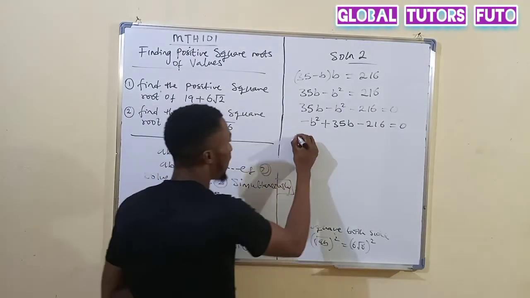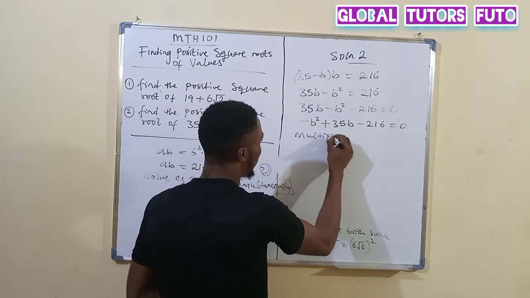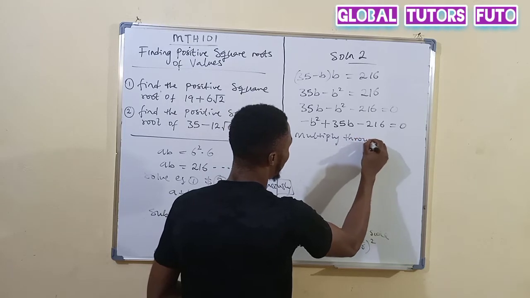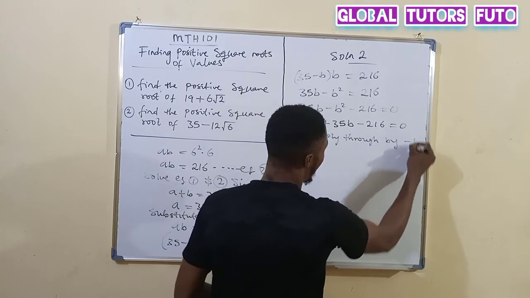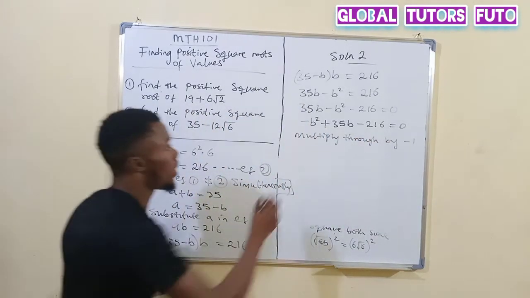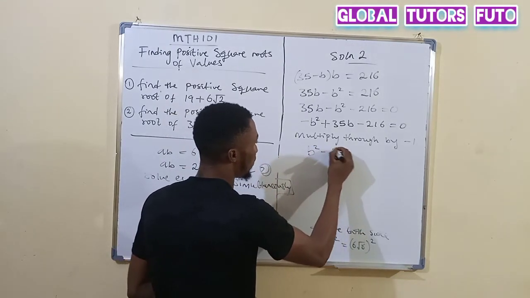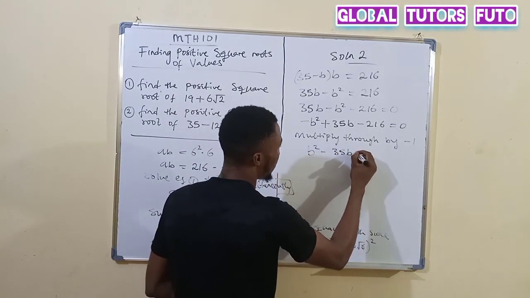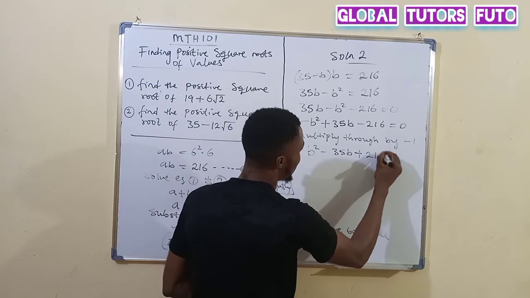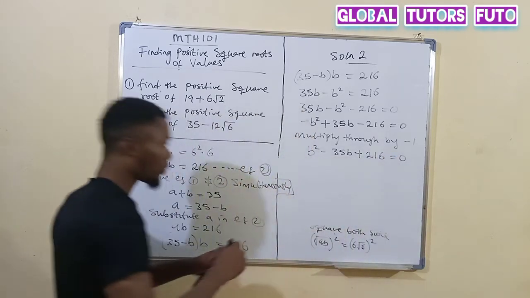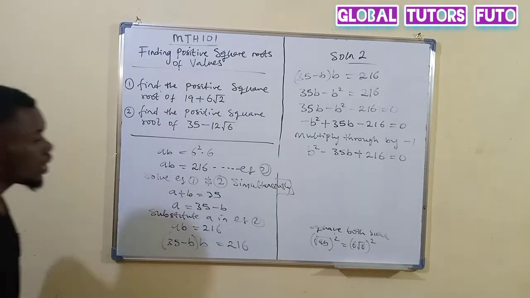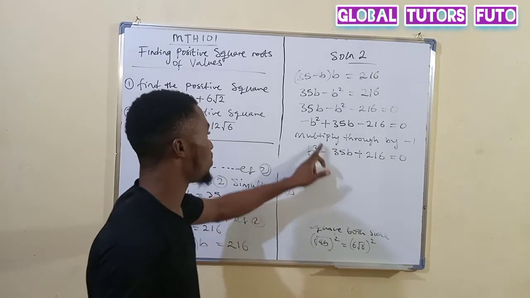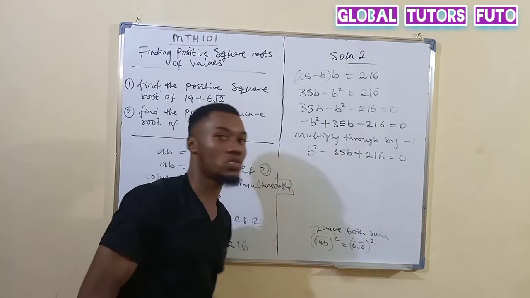So multiply through by minus 1. So we have that B squared minus 35B plus 216 is equal to 0.